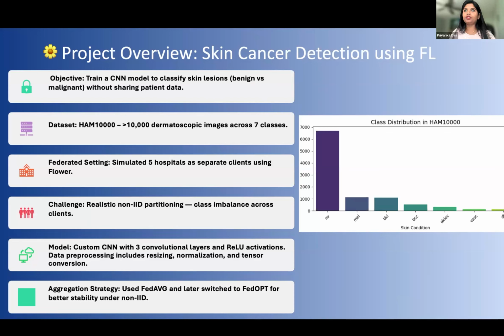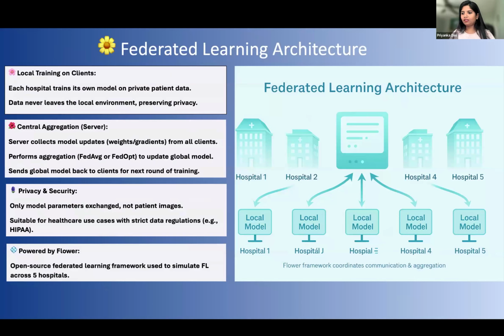I had actually created two programs, one for FedAvg, and then I saw that there was heavy overfitting and class imbalance. That is why I opted for FedOpt, and I also implemented oversampling there. So this is the architecture of the federated learning. You must be already aware of the architecture.